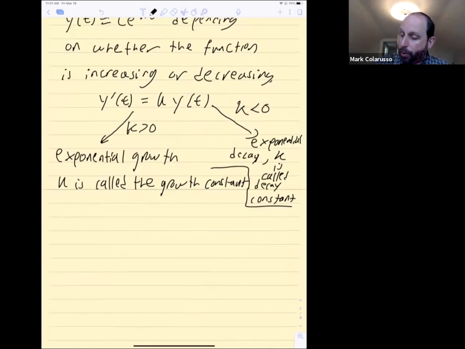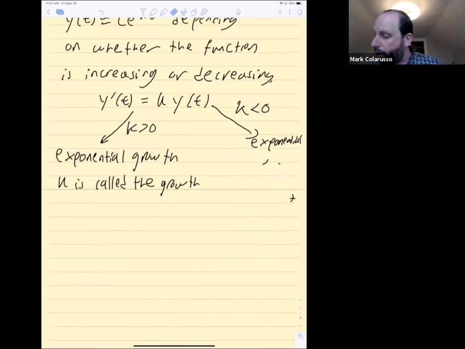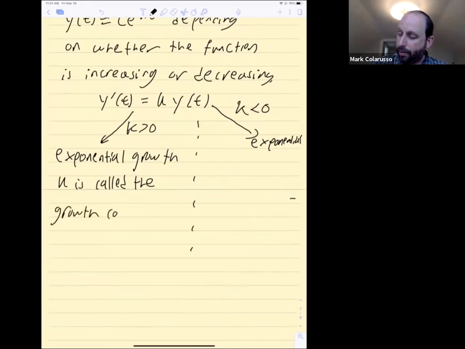And so then in both situations, we can maybe clean this up a bit. I'll clean it up for you here. It will spill onto a different page, but that's okay. So in the growth case, k is positive, and k is called the growth constant.